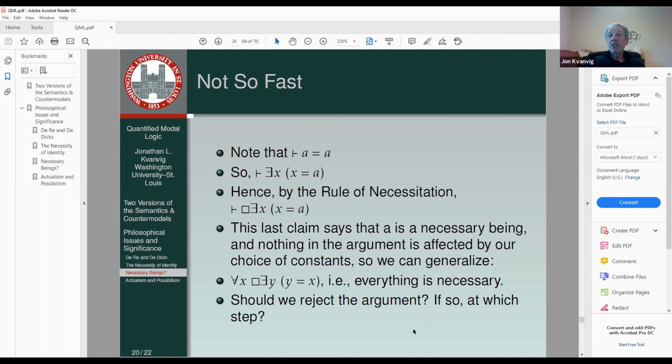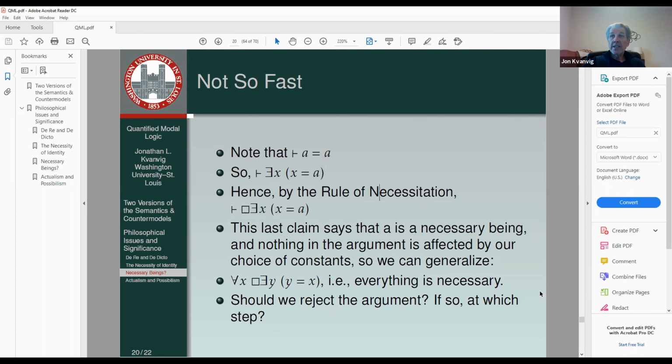So what should we do here? What restrictions, how do we avoid this argument? Because if you're attracted to variable domain semantics, it was because you don't think everything is a necessary being. So if you want to reject the conclusion, you have to reject one of the premises. I will tell you that the standard step to reject is the rule of necessitation.